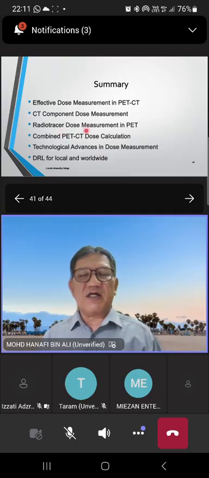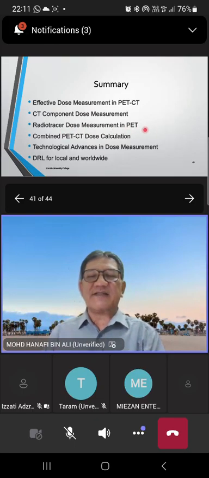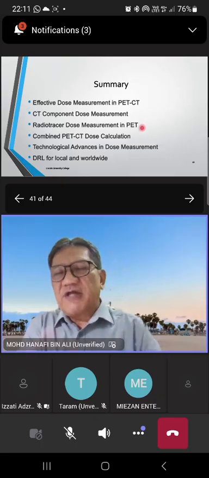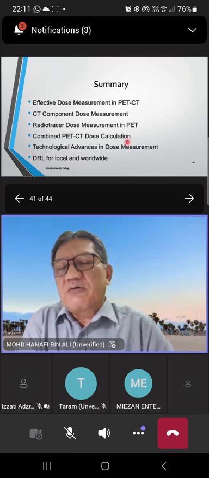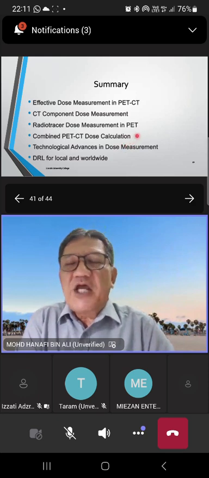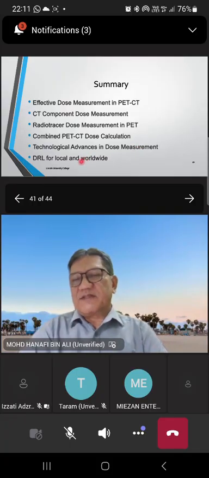From there, they are still safe. The radiation dose to the staff, even next to the patient, does not reach the limit allowed by the international organizations. So I can say that it is safe.